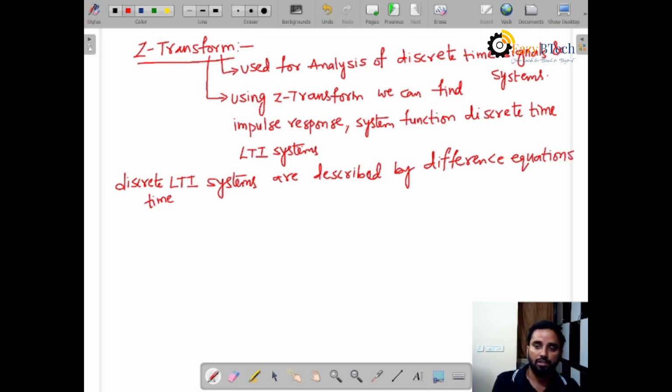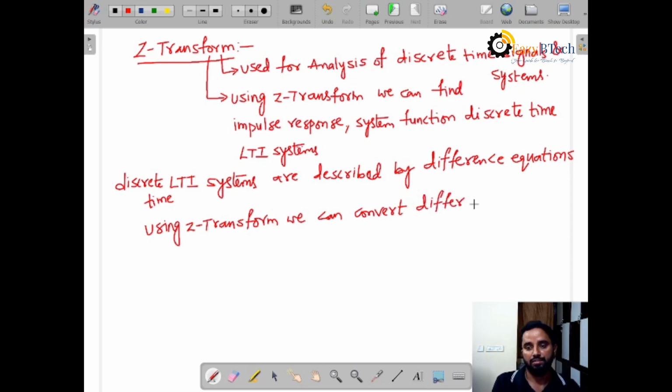Right? So using the Z transform, we can convert the difference equations into simple algebraic equations.